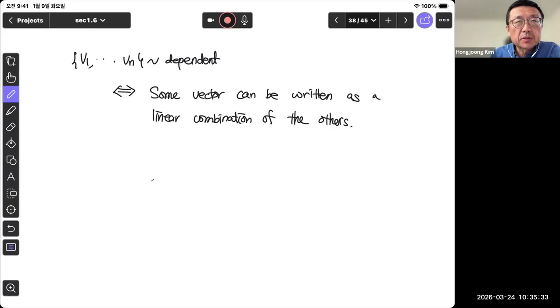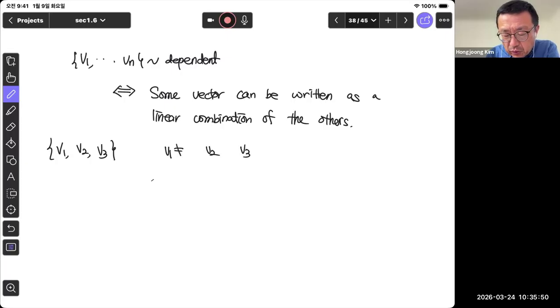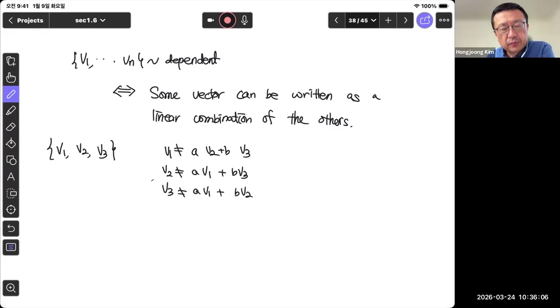In this example, we have three vectors, V1, V2, V3 are considered. And I just showed that V1 cannot be written as a linear combination of V2 and V3, and V2 cannot be written as a linear combination of V1 and V3, and V3 cannot be written as a linear combination of V1 and V2.